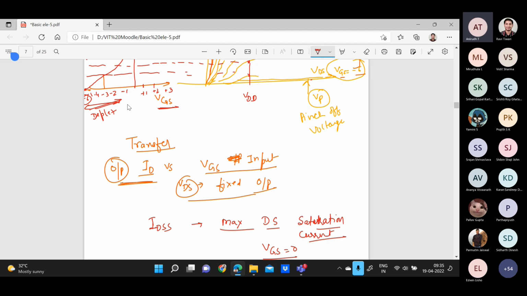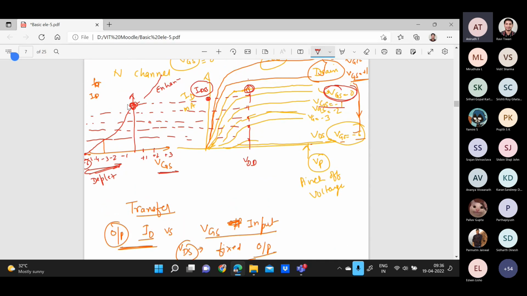Sorry, sir, could you please explain the IDSS thing again? Okay. See, whatever current you get when VGS is equal to 0 is the maximum saturation current. I'm not talking about the linear current, I'm talking about the saturation current. Whatever saturation current you get when VGS is 0 is called IDSS, the drain to source saturation current.